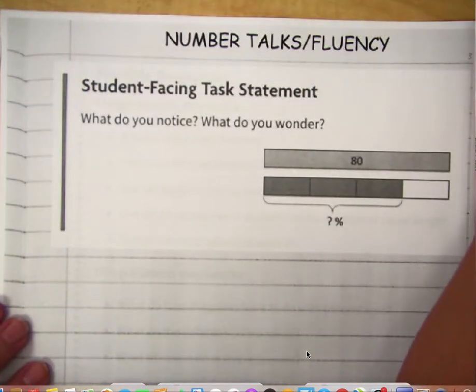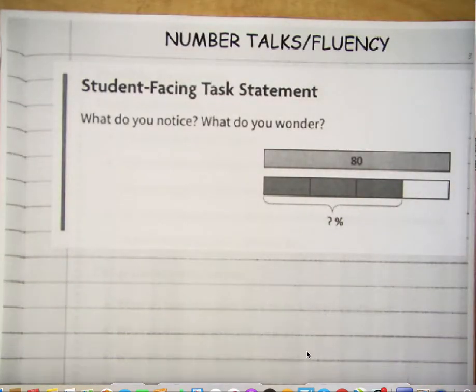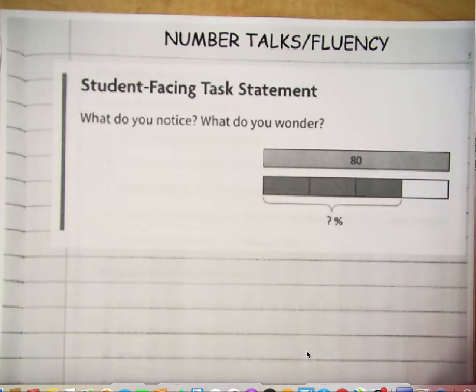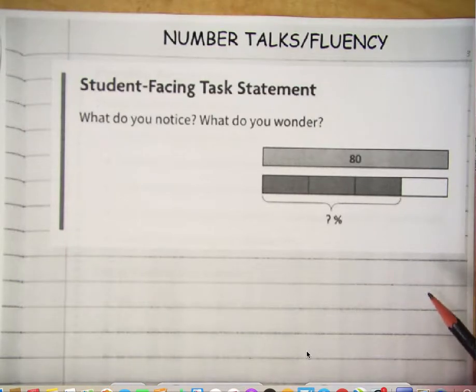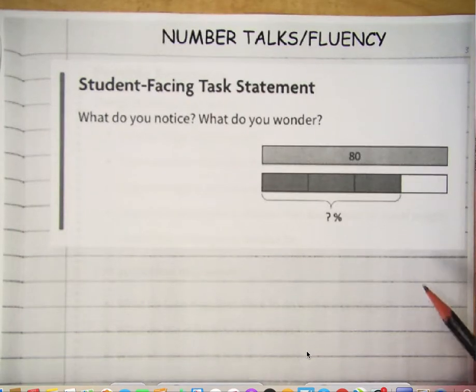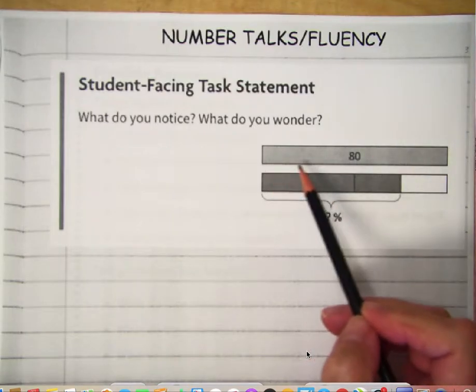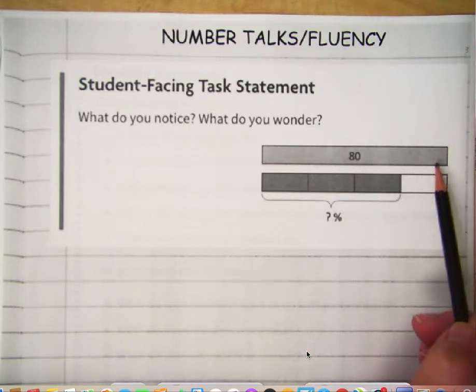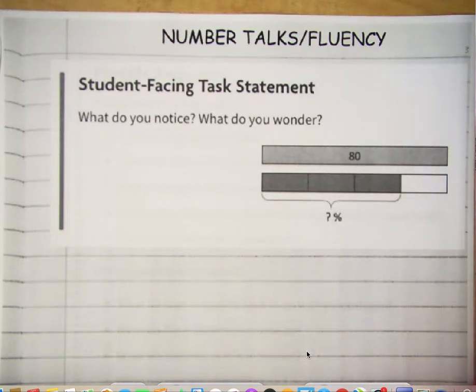Okay, so we've got something here, and this is a notice and wonder problem. What do you notice? And what do you wonder? I'll give you a minute to think about it. Well, the first thing that I notice is that 80 is 100%. 80 is the whole thing, right?